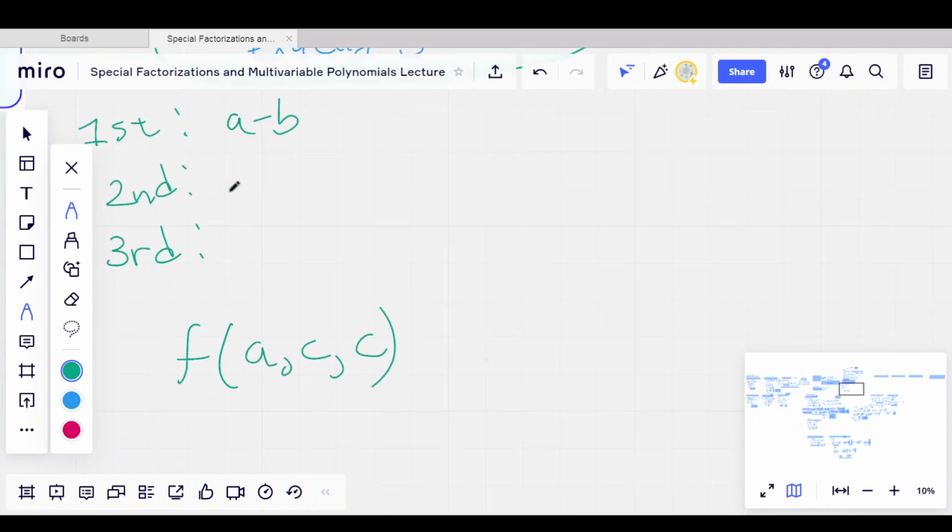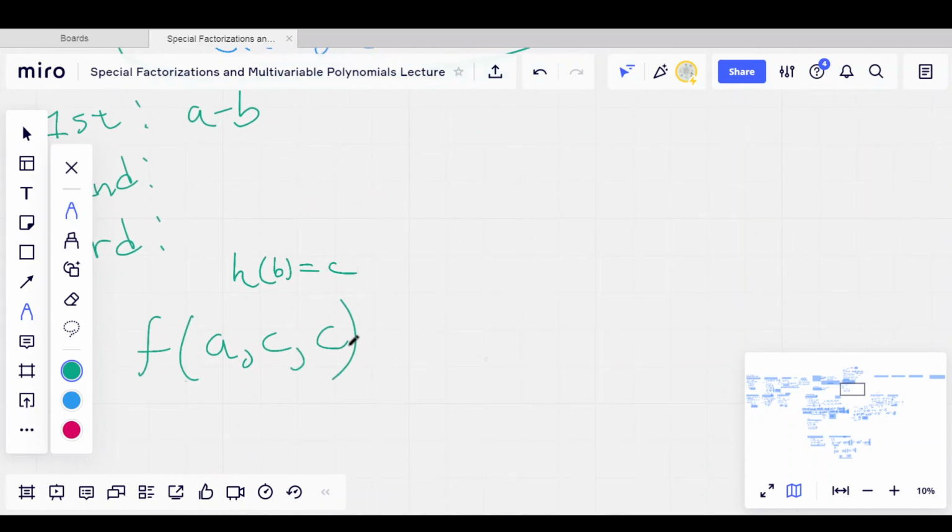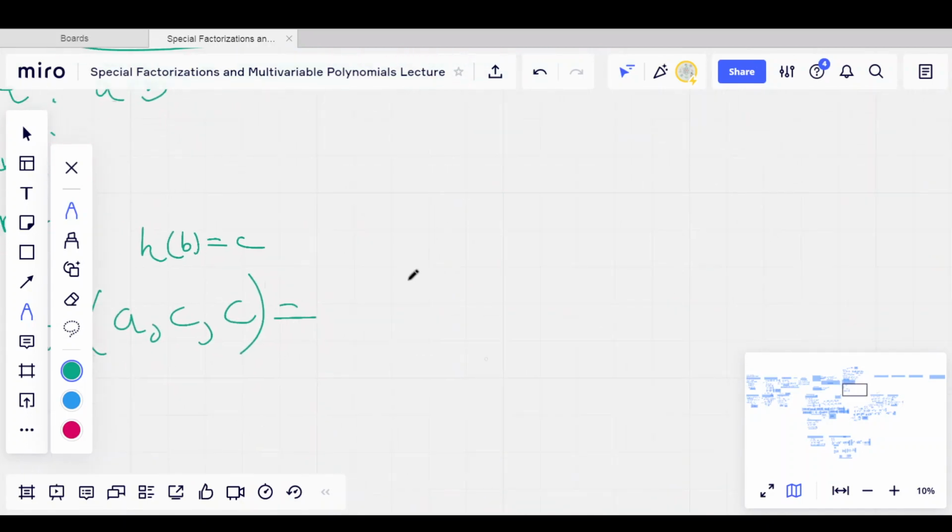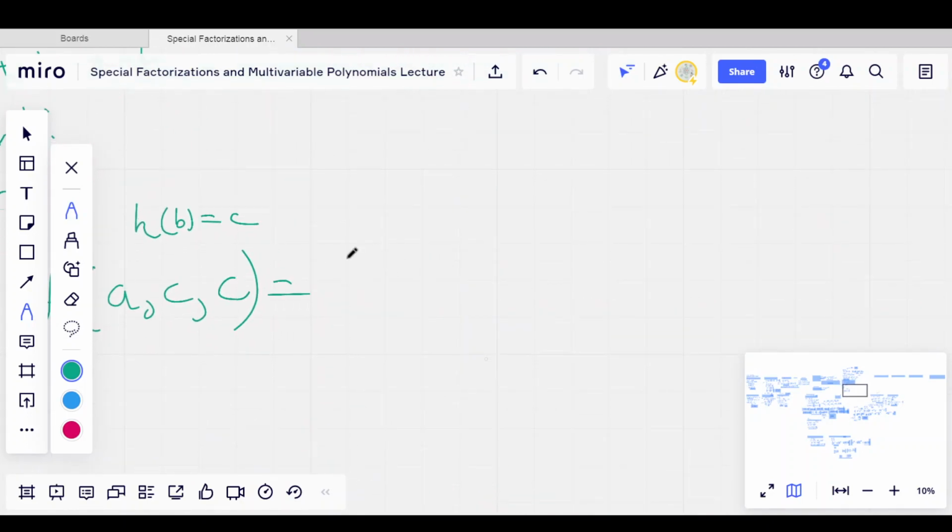Usually for finding the roots, you have to try a lot of stuff. So basically, we're just saying h of b is c. Okay, so try f of a, c, c. Technically, it's h of c.